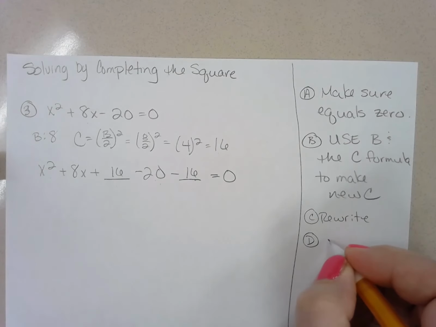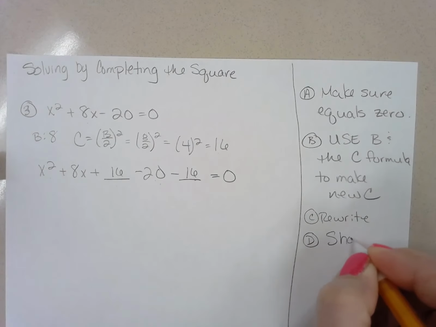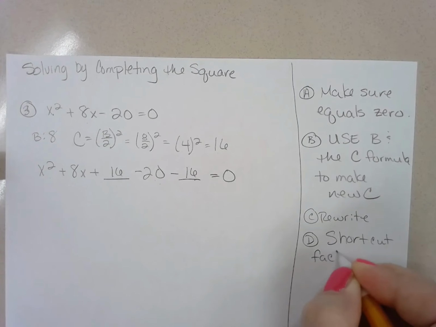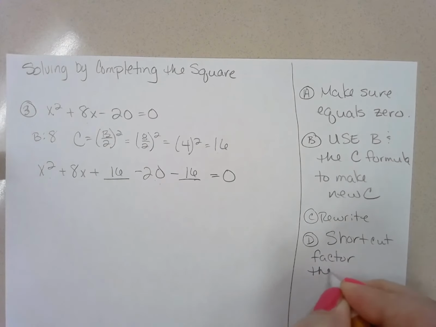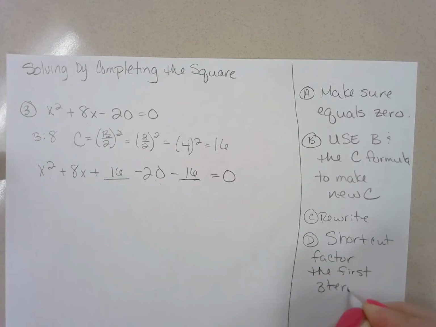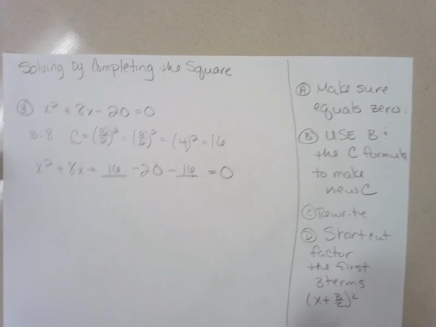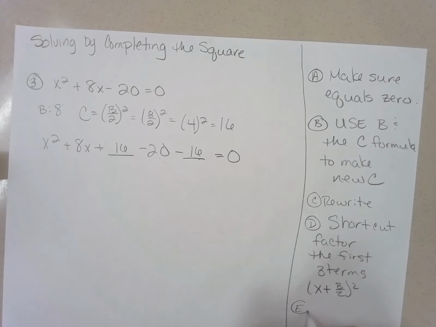So we're going to shortcut factor the first 3 terms. And remember, the shortcut is x plus half of b, squared. That's the shortcut factor. And then we subtract the last 2 terms.